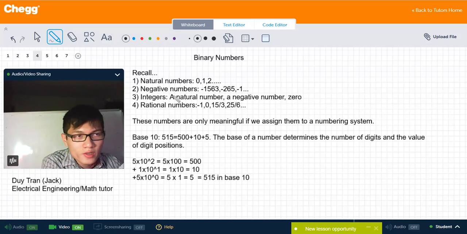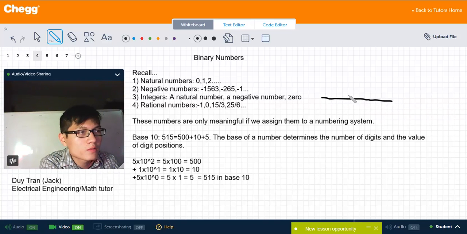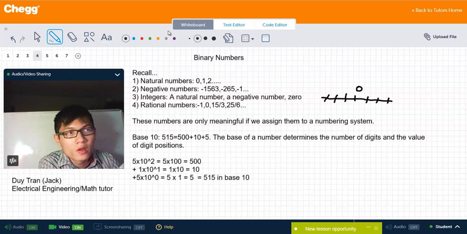So for integers, it can be 0, or anything less than 0, or anything bigger than 0, but it has to be a whole number.